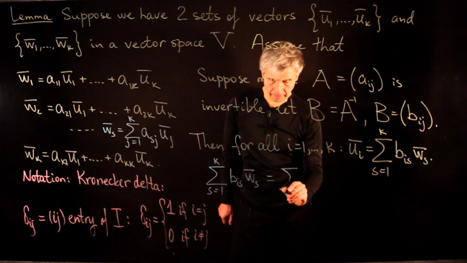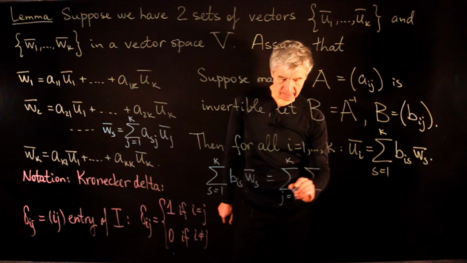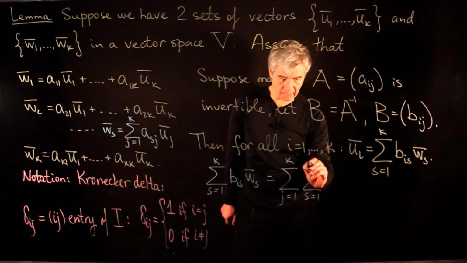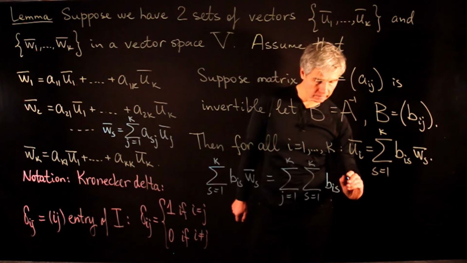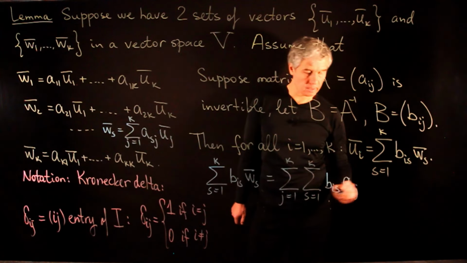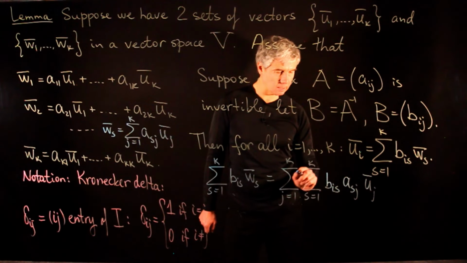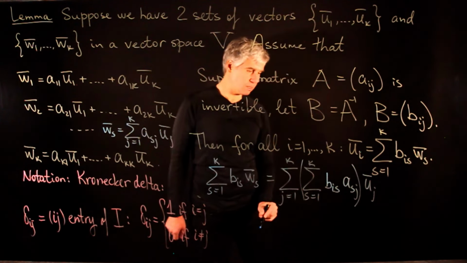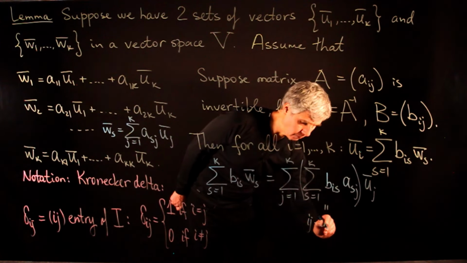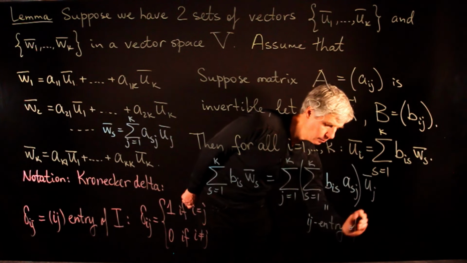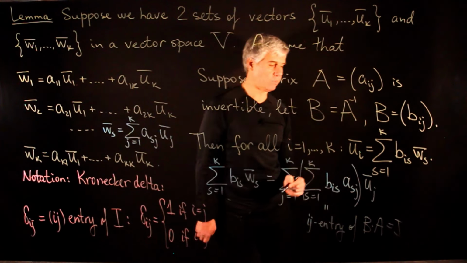So we get the sum, j goes from 1 to k, and then the sum, s goes from 1 to k, of bis times asj, times uj. But what is this sum here? This sum is nothing else than the ij entry of the product B times A. But that's an identity matrix, because B is the inverse of A.